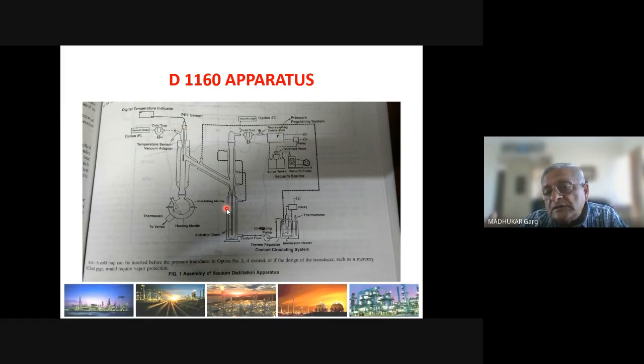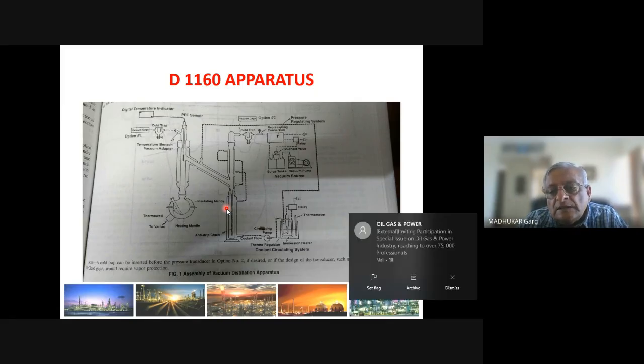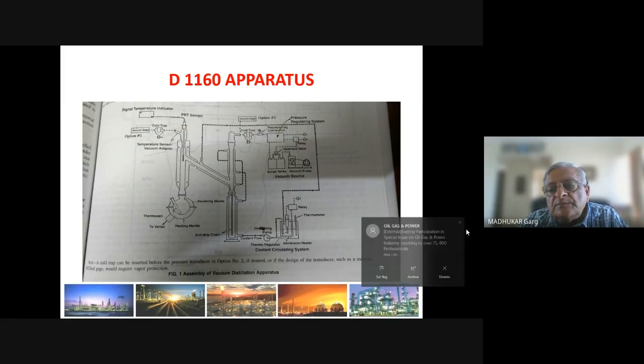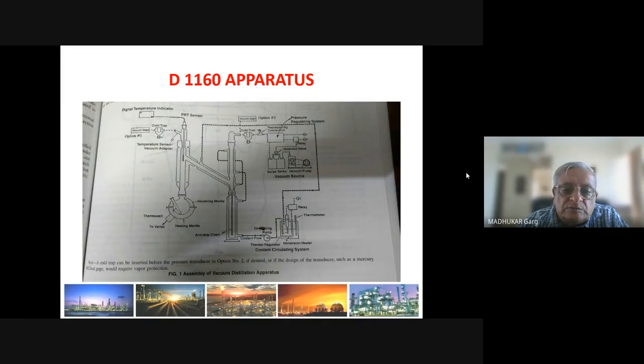They actually report the data at atmospheric pressure. The reason we report the data at atmospheric pressure is not only to give continuity. For example, if you do TBP at atmospheric pressure, you will stop at 360. And beyond 360, how far does it go? We don't know. Physically, these things may not distill at atmospheric pressure from 360 onwards.